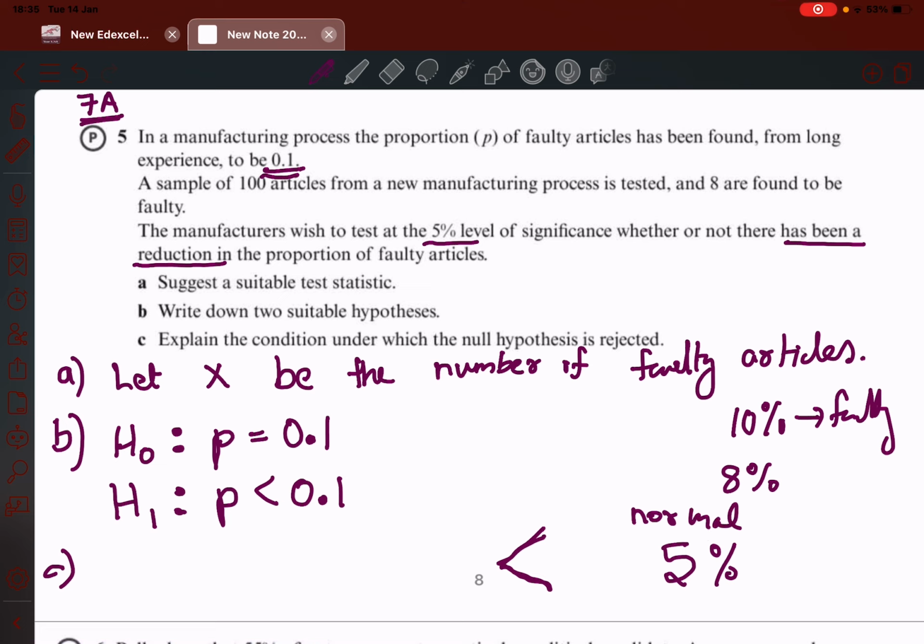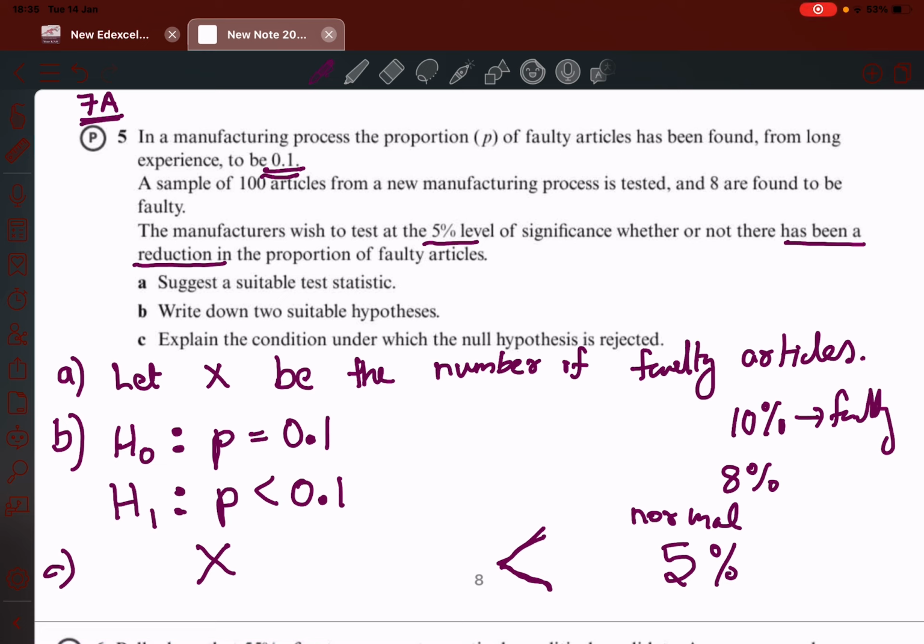So what is the question that we ask? We know it has something to do with the X or the test statistic. We are looking at whether there has been a reduction in the number of faulty articles. So if you think about it, 10% is the claim.